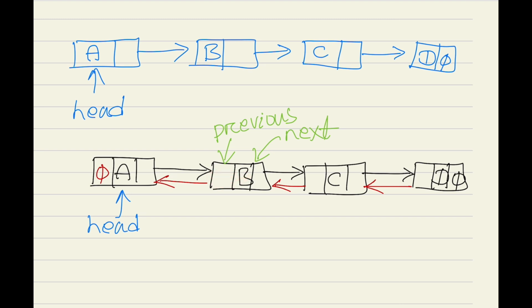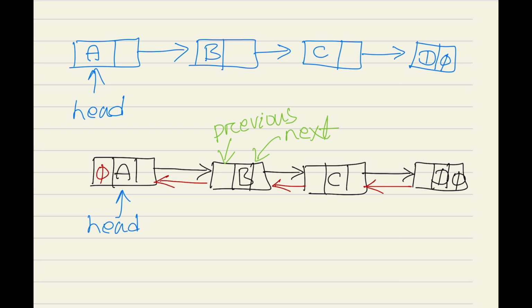As we move in both forward and backward directions, you may say this one is also next. So, you may call them left and right, or most of the authors have used the notation next and previous. So, next is this one and previous is this one, or you can say left and right, no issues.